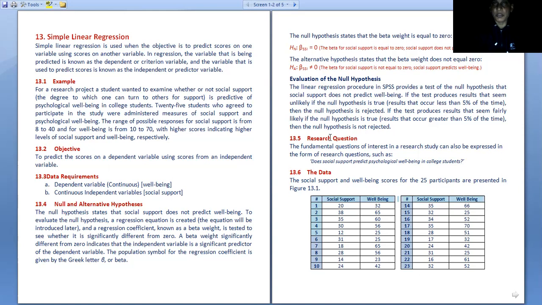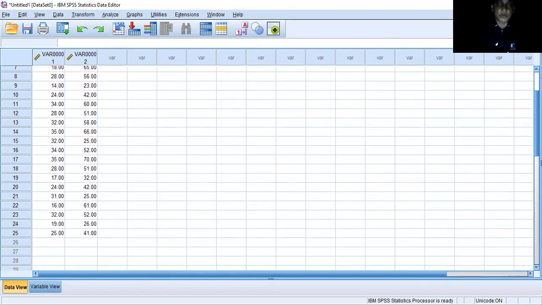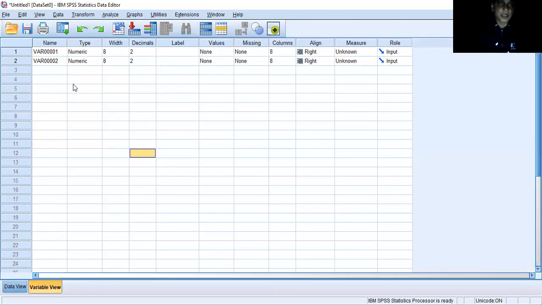So I'll be moving to a new file, a new sheet, and this sheet is the data file. So the data file is before you. The two variables are there before me, and we have a sample size of 25. I move to variable view, and the first variable that I've got is support. And then here in label, I'm writing social support.